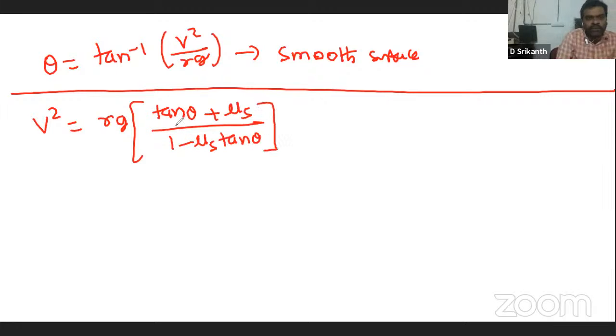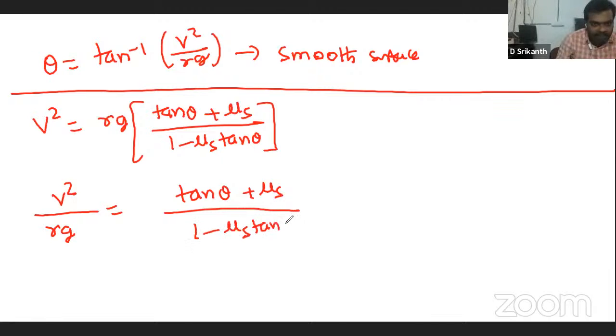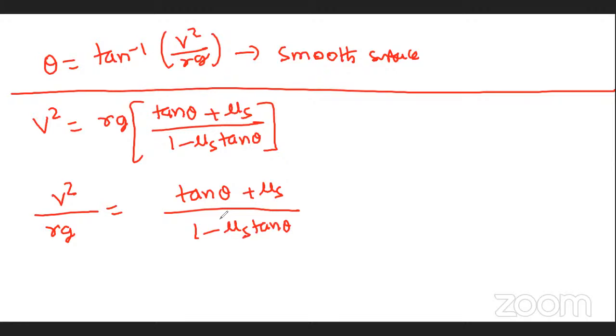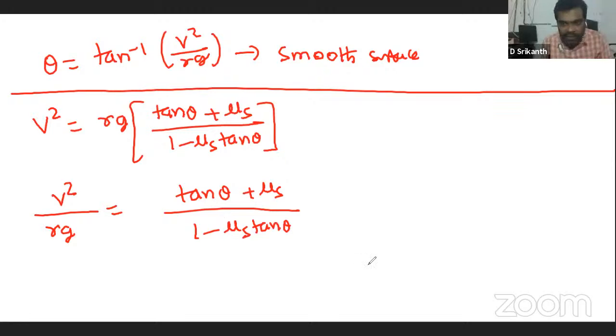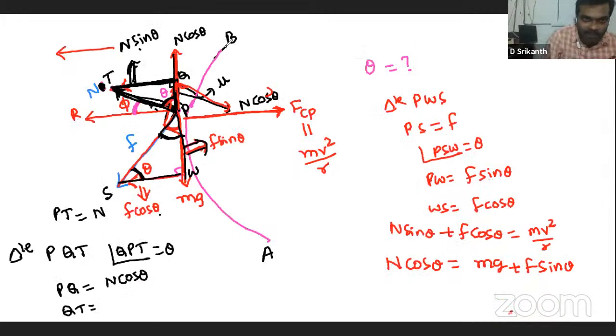From here we should find tan theta. Can we find it? Yes, sir. This theta can be called the angle of banking, that is the banking of roads. Okay?